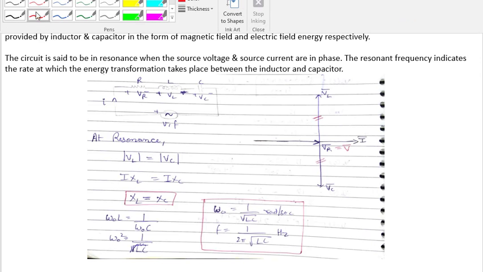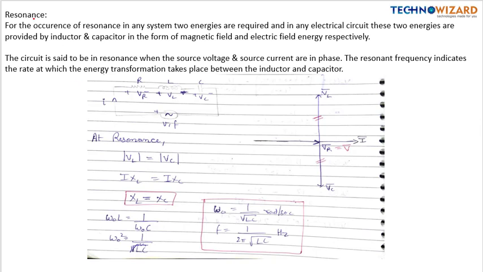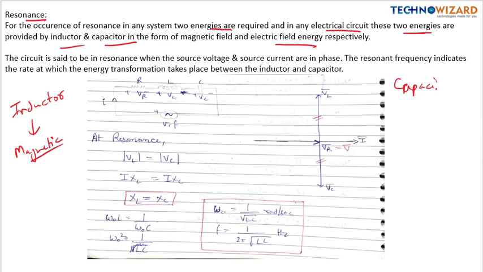Now, what is resonance? For the occurrence of resonance in any system, 2 energies are required, and in any electrical circuit, these 2 energies are provided by inductor and capacitor in the form of magnetic field and electric field. Now, all of you know that inductor stores energy in the form of magnetic field, but the capacitor stores energy in the form of electric field.